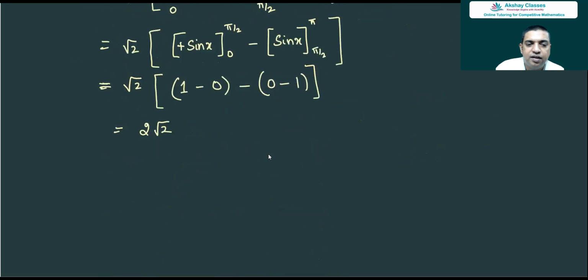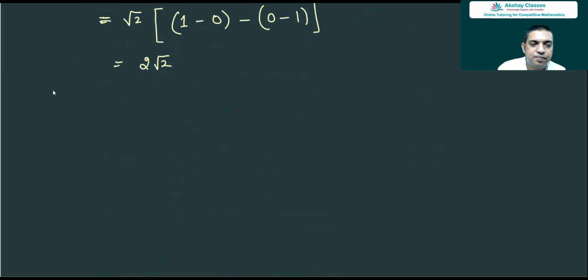Why? Look at the graphs. So that's the power of graphical understanding. Now y equal to cos x. Now we know that this is same as sine pi by 2 minus x.